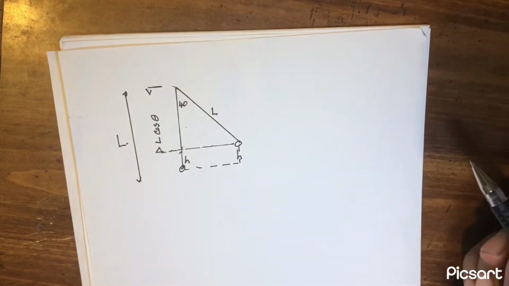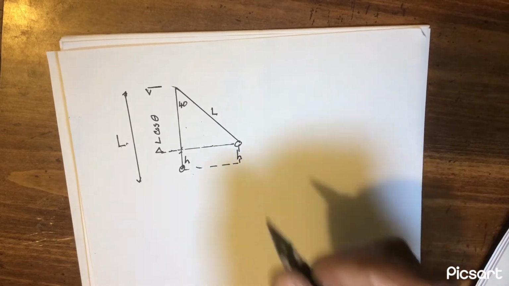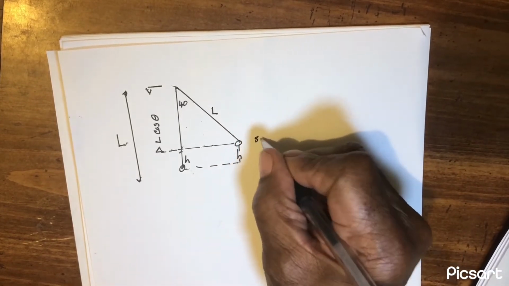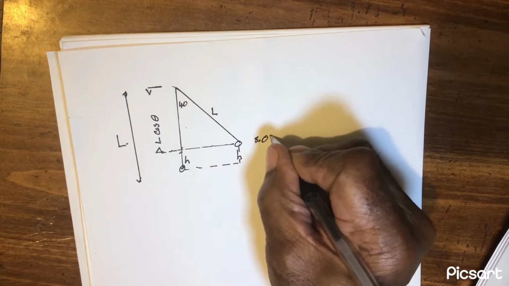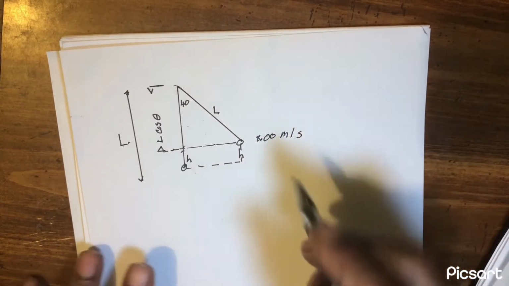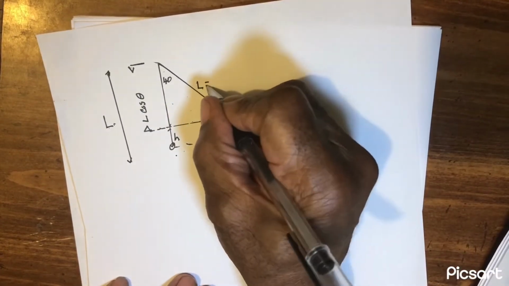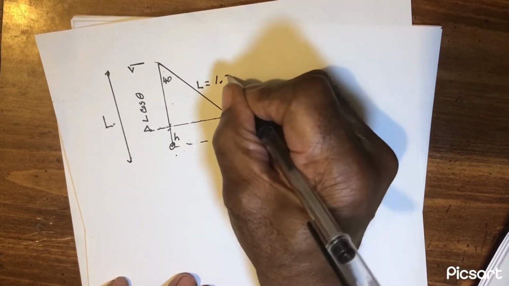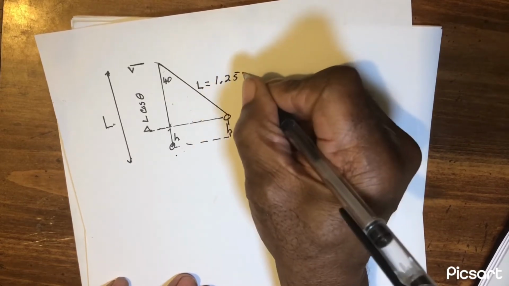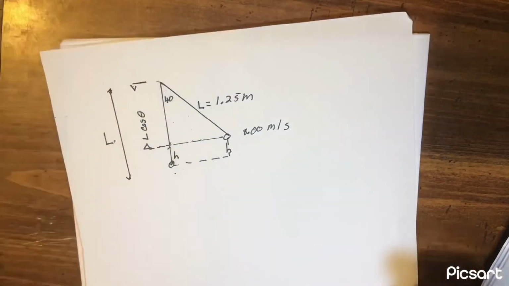Okay, this is the setup we have. The bob is in this position with an initial velocity of 8.00 meters per second. The length of this bob, L, is given as 1.25 meters. And we need the height.